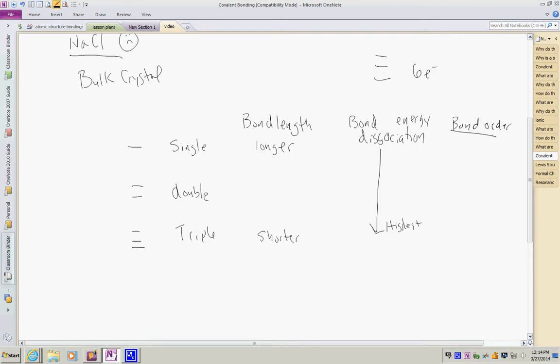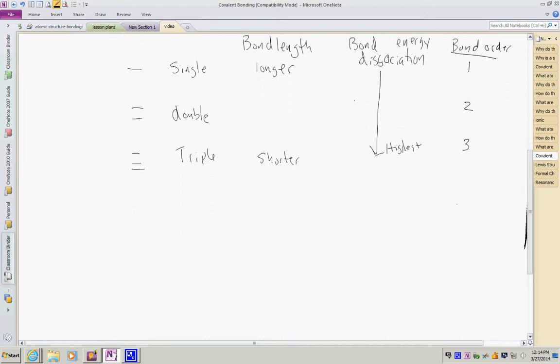We have bond order. Bond order is a number indicating your type of bond. A single bond would be a 1, a double bond would be 2, a triple bond would be 3. What you do for a molecule is take your number of shared electrons and divide by the number of bonds.